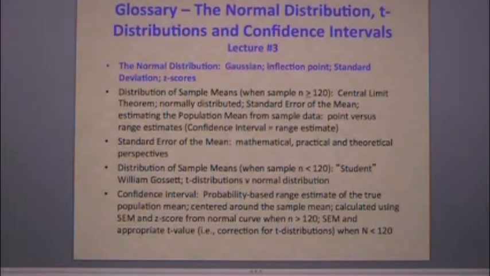The confidence limit is simply that range of values that you say, well, I am 95% confident that the true population mean is within this interval. And this interval is, of course, centered on my sample mean. And the range is based upon, you got it, the standard error of the mean. And so we need to calculate the standard error of the mean in order to get a confidence interval.